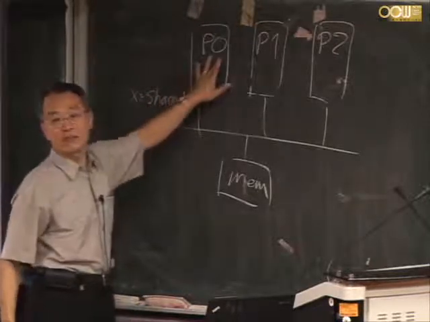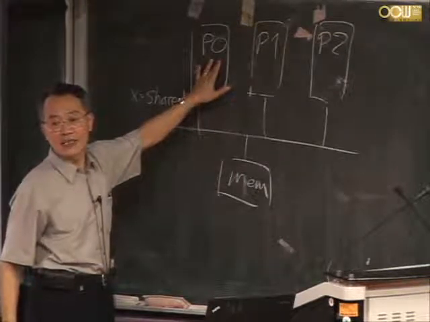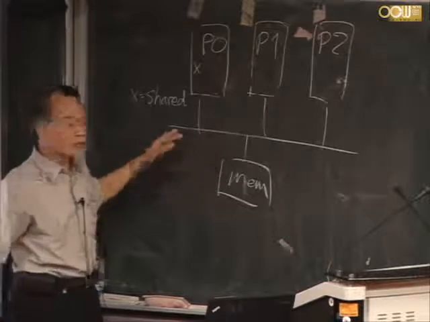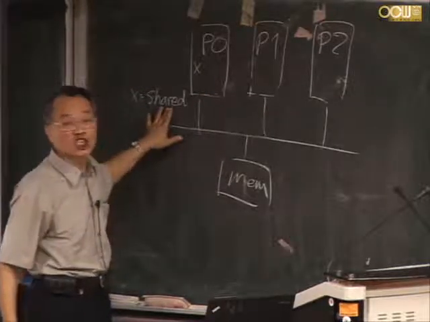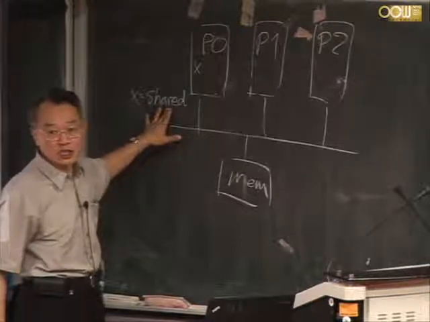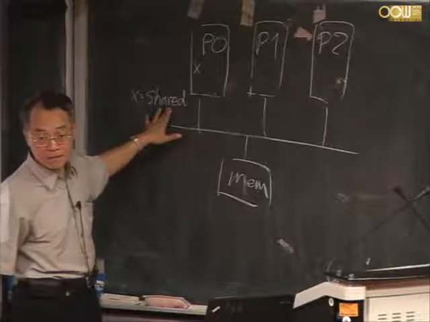X is shared by P0. Is there anything else sharing X? Not yet. But the status of X is shared, or shareable. Maybe shareable is easier for you to understand.